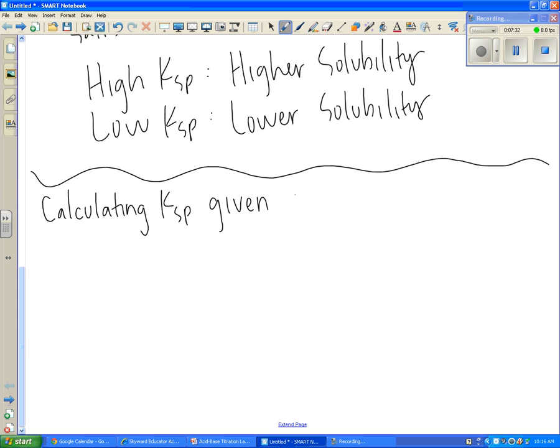Given solubility information, we'll look at two problems here.